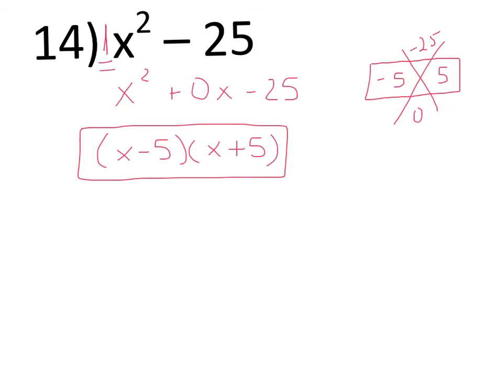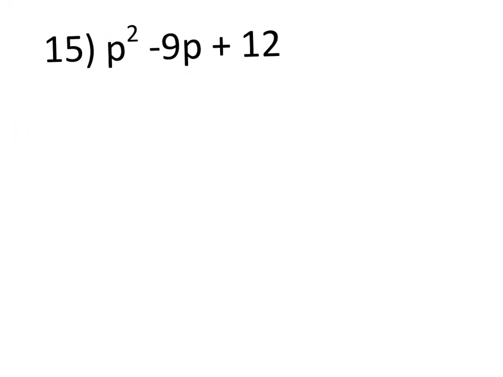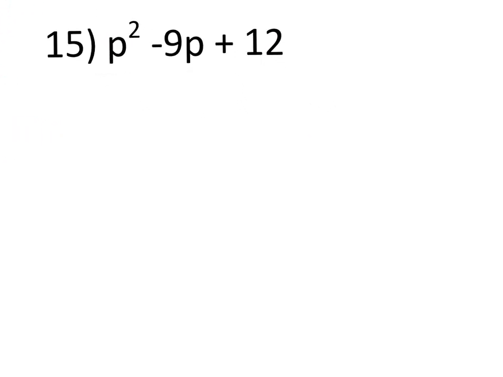Alright, and last one here. So I'm looking for factors of 12 that get me 9. Alright, nothing's coming off the top. So let's see, 1 times 12, 2 and 6, 3 and 4.